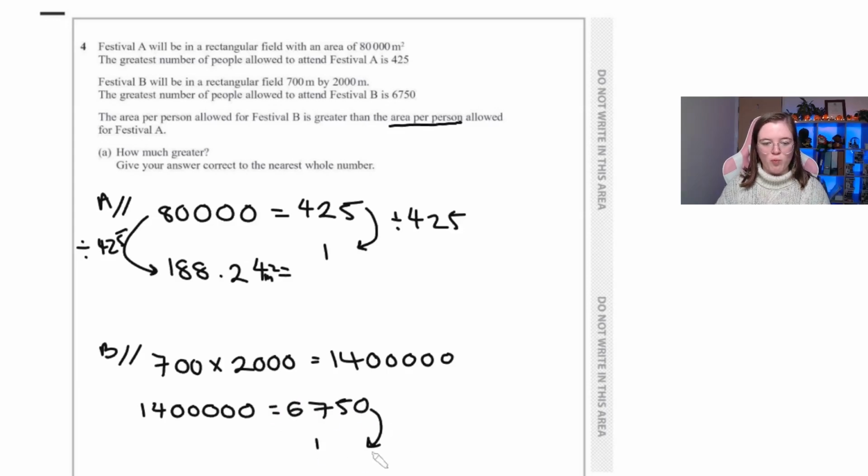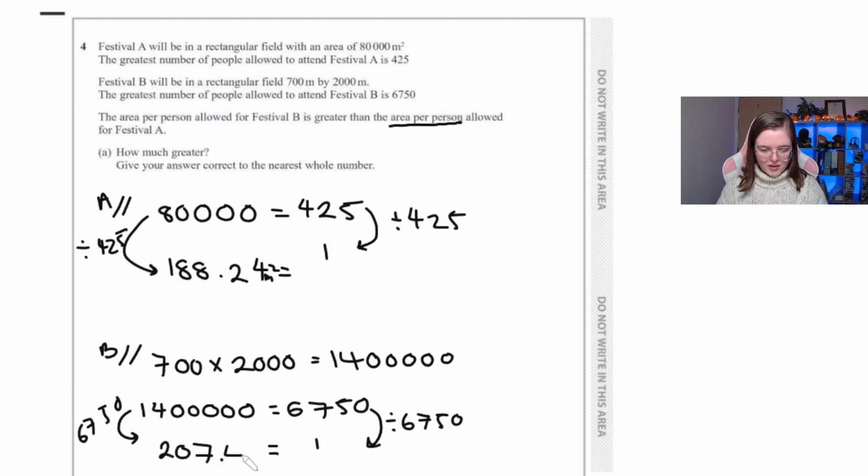So if I want one person, I'm going to divide it by 6,750 on this side and 6,750 on this side. So if I do that, 1.4 with 5 zeros, divided by 6,750, and I get 207.4. And then I want to know how much greater this area is than this one.